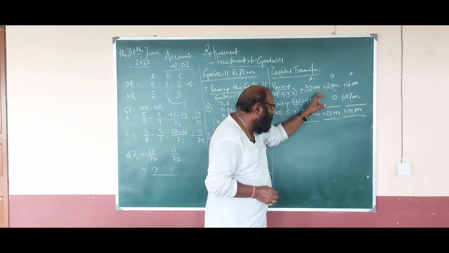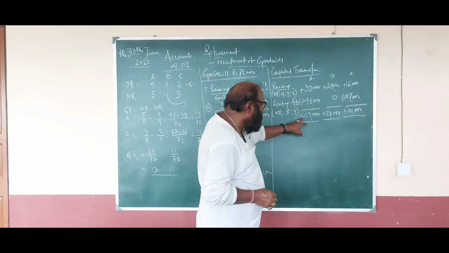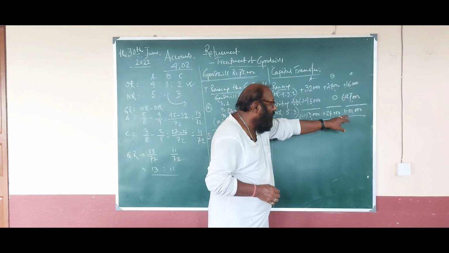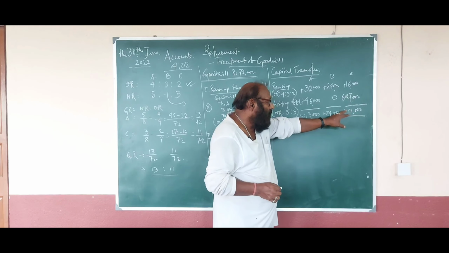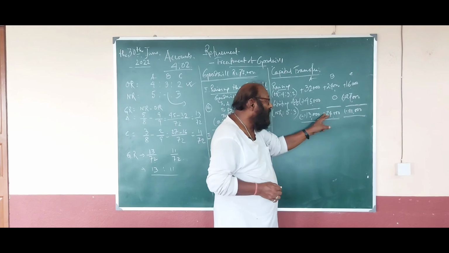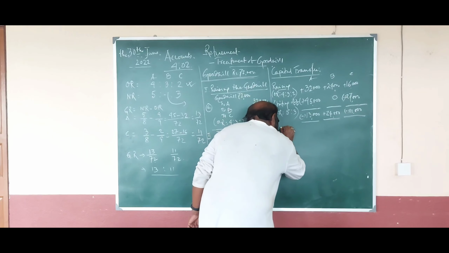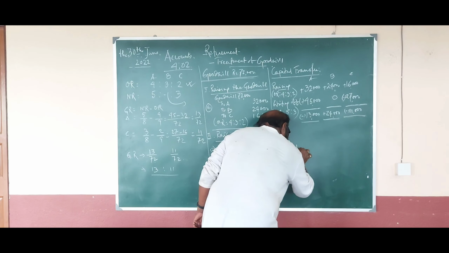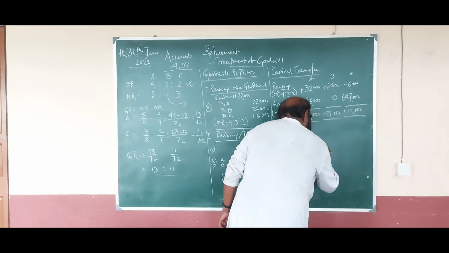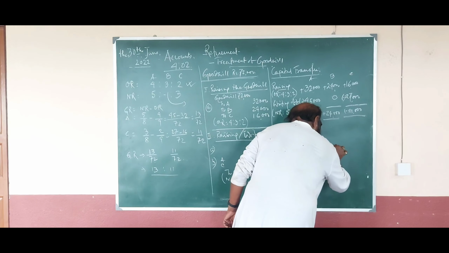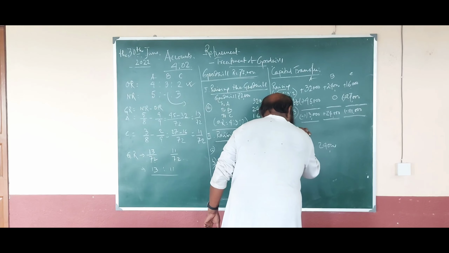The difference is that A's capital is finally debited with 13,000, C's capital is finally debited with rupees 11,000, and B's capital is credited with rupees 24,000. So the journal entry will be A's capital account debit, C's capital account debit to B's capital account. So B, it is 24,000, it is 13,000 and it is 11,000.